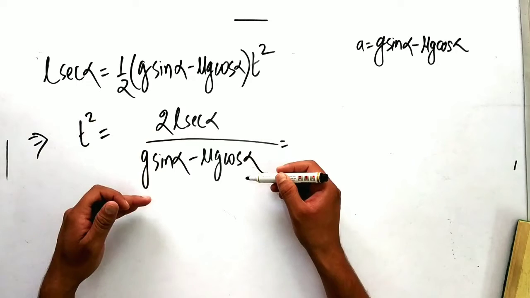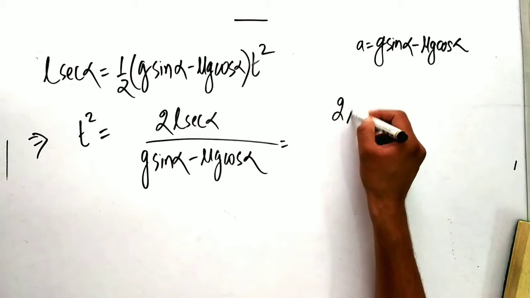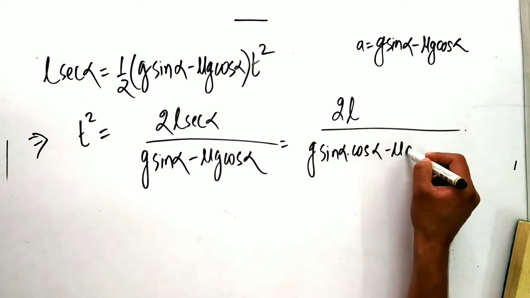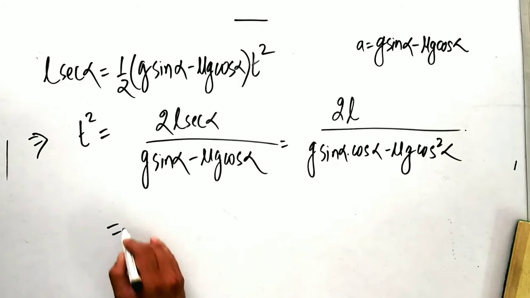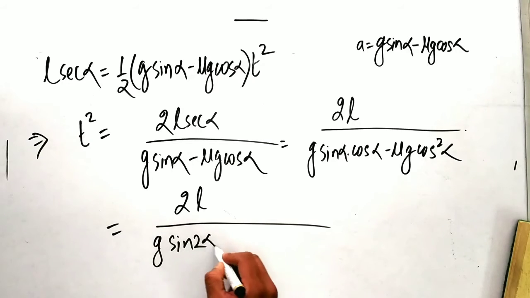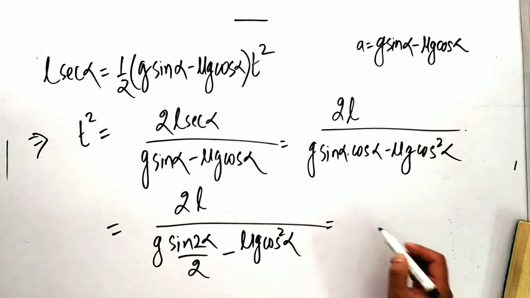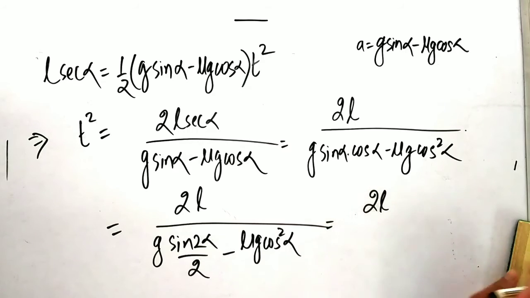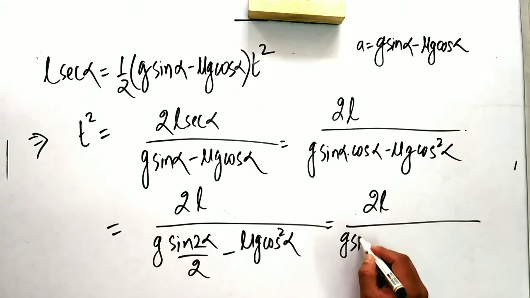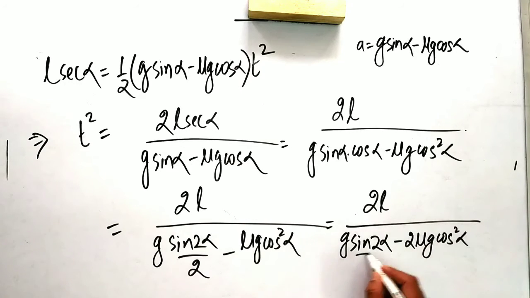The cos of alpha can be brought down in the denominator and multiplied with these two terms, which gives us 2L divided by g sine alpha cos alpha minus mu g cos square alpha, equal to 2L divided by g sine 2 alpha divided by 2 minus mu g cos square alpha, which is equal to 2L divided by g sine 2 alpha minus 2 mu g cos square alpha, whole divided by 2.